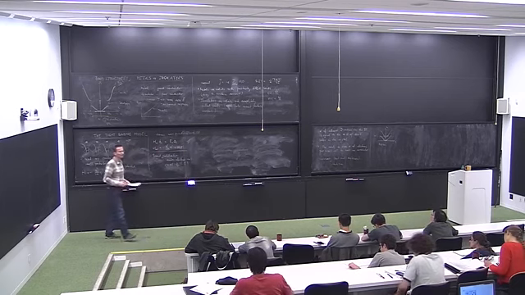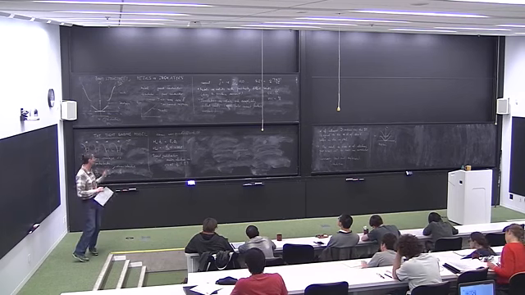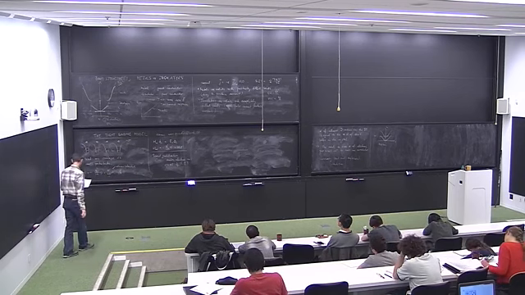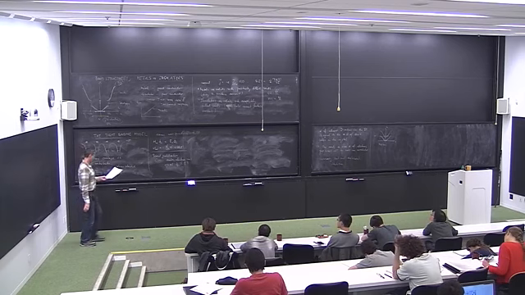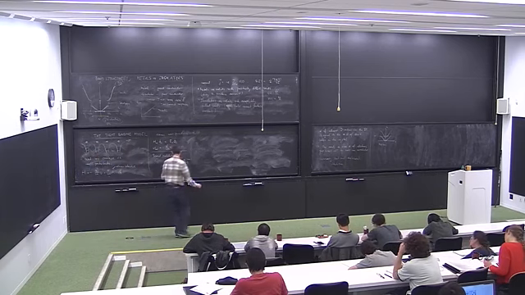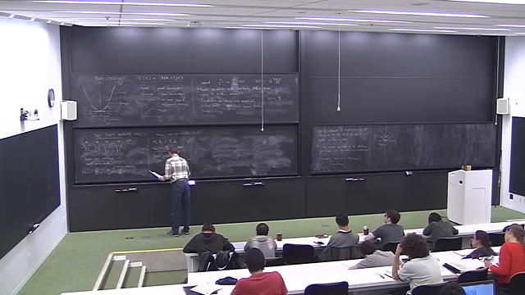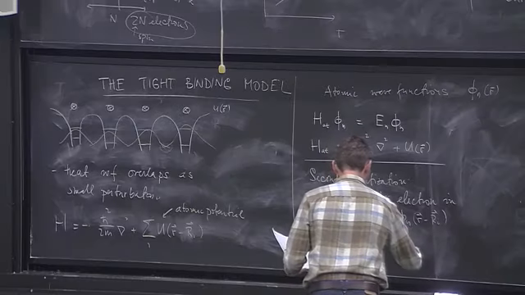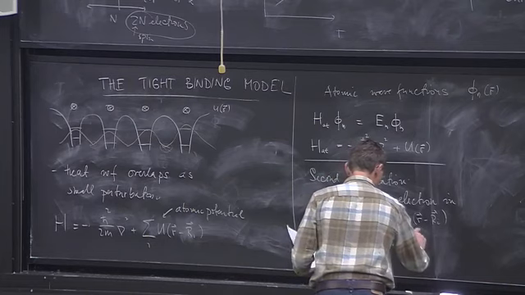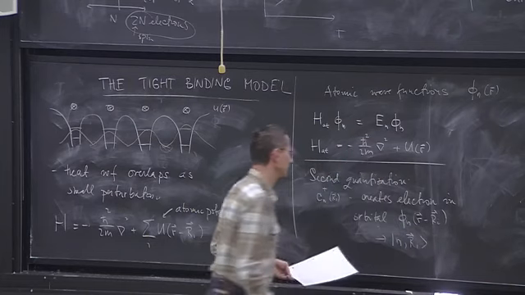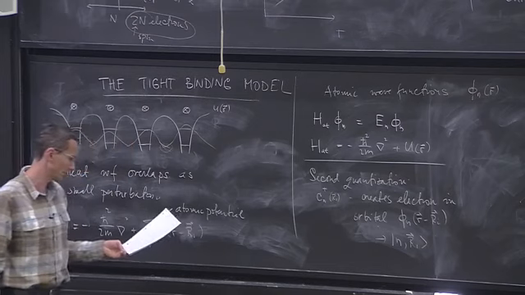And again, I'm suppressing the spin variable because spin is just there for a ride. And sometimes I will associate with this also a vector in Hilbert space like this. I will use those interchangeably.